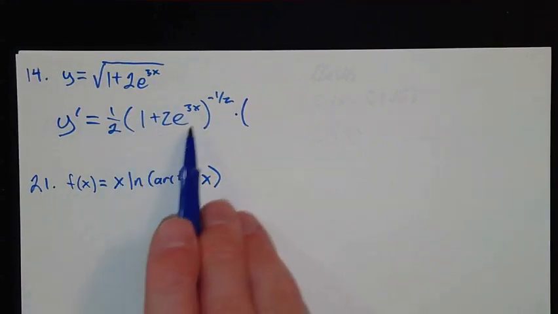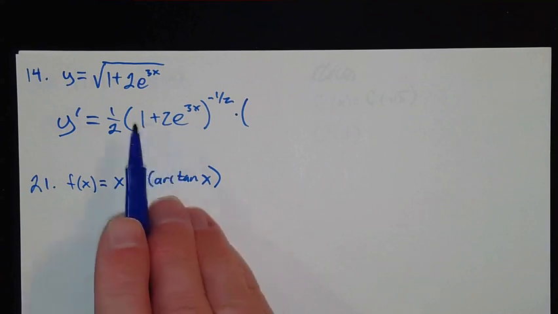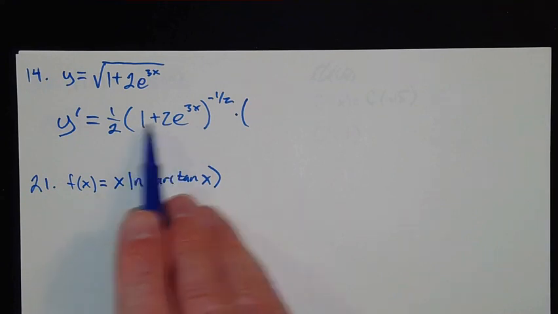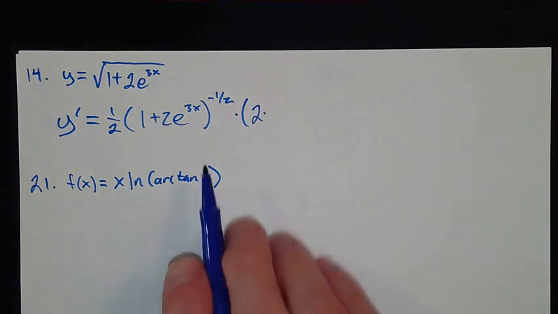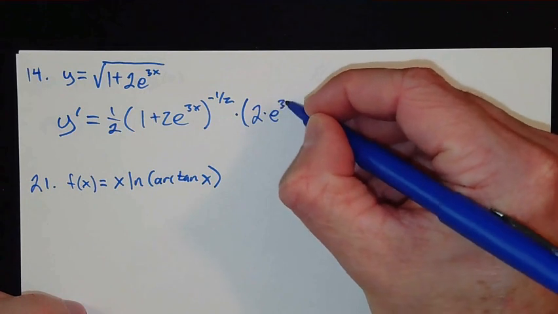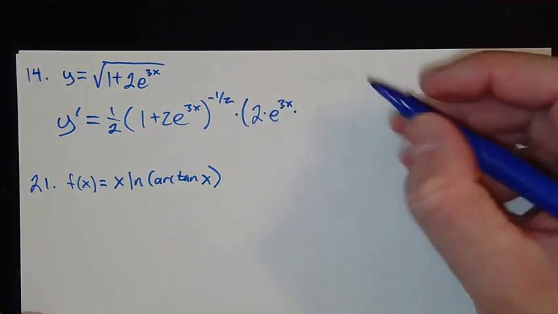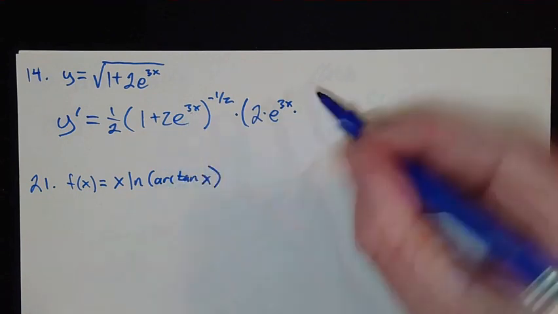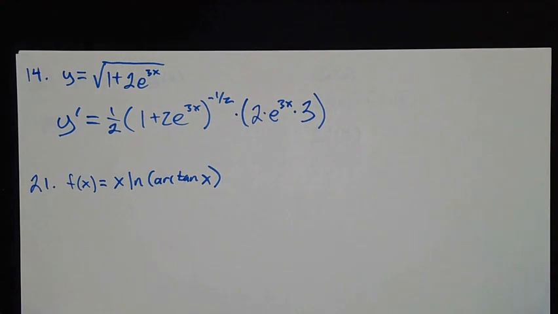So now I'm just looking at this part of it, the derivative of 1 plus 2 times e to the 3x. Well, derivative of 1 is 0. The derivative of 2 times a function is 2 times the derivative of the function. And the derivative of e to the 3x is e to the 3x times the derivative of the 3x. Now the stuff inside is that 3x, and so its derivative is 3.